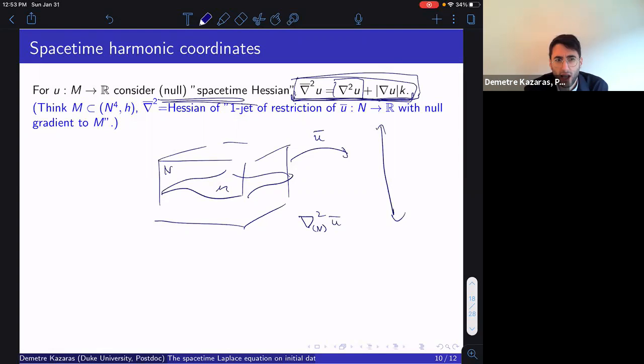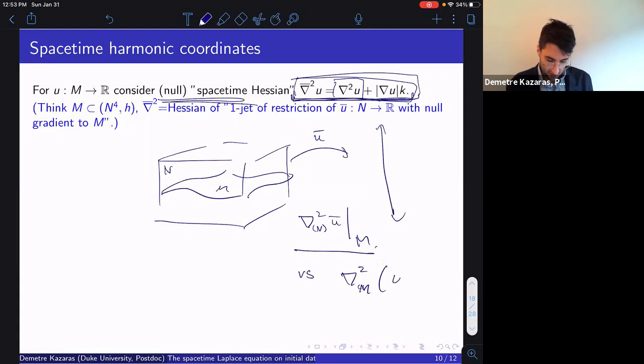And now you can restrict this object to M. And you can try to write down what is the difference between this object and the Hessian of u restricted to M. Take the Hessian, then restrict that thing, or restrict the function, then take the spatial Hessian. How do these two things differ?